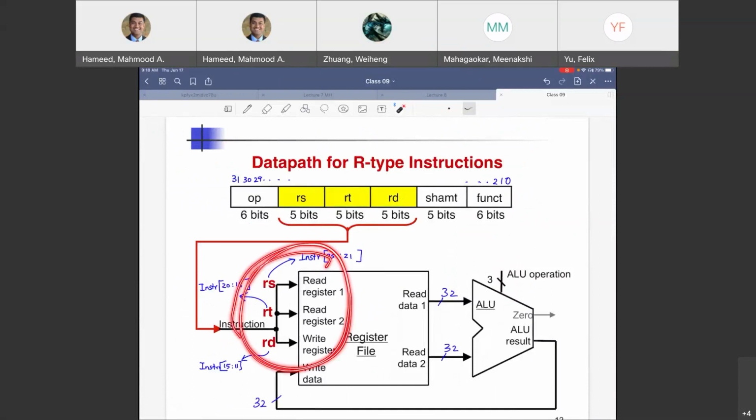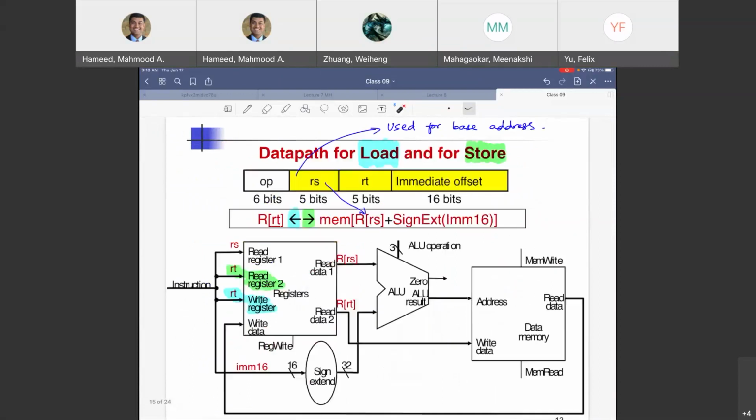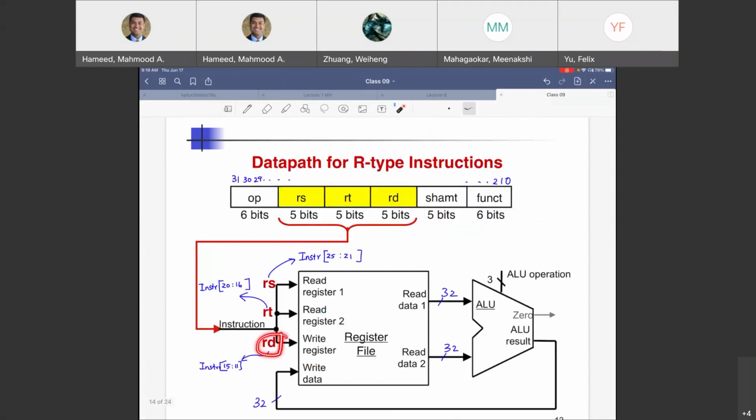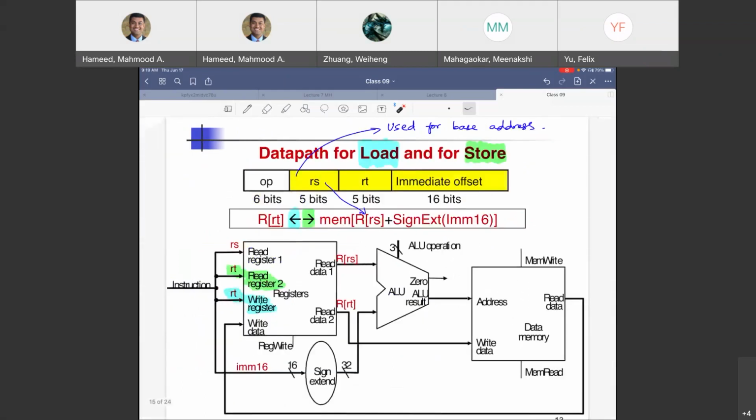Just look at these three, RS, RT, RD, and this: RS, RT, RT. 3 registers, RS, RT, RD. 3 registers, RS, RT, RT again. Which means to differentiate between the R-type and I-type data paths, I need a MUX. I need a MUX to select which register I'm writing to, right? Sometimes that's my RD field, and sometimes it is my RT field. You guys see that?